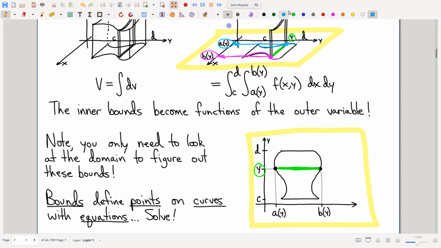I again can argue that x is going to start at that point, which determines that bound by way of whatever equation I have for that curve. And likewise, x is going to end when I get to that point on this curve, which again gives me my upper bound.